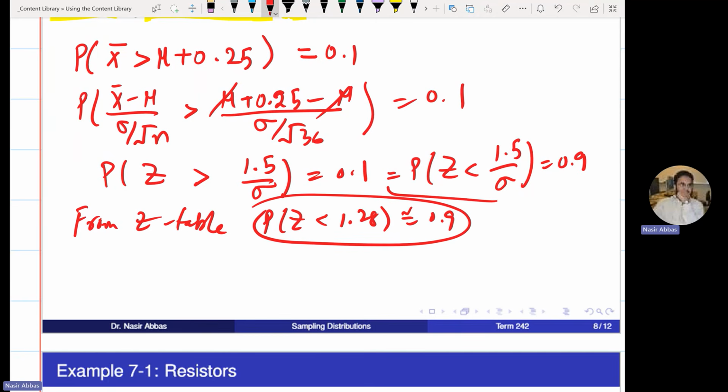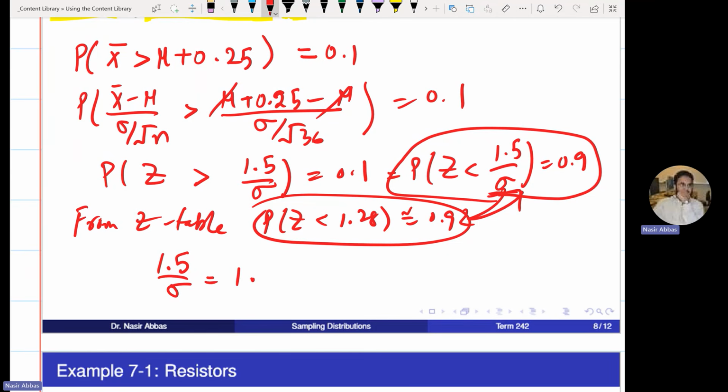Compare this with this. What do we get? 1.5 over sigma equals 1.28. So sigma is 1.5 over 1.28. Get the value of sigma.